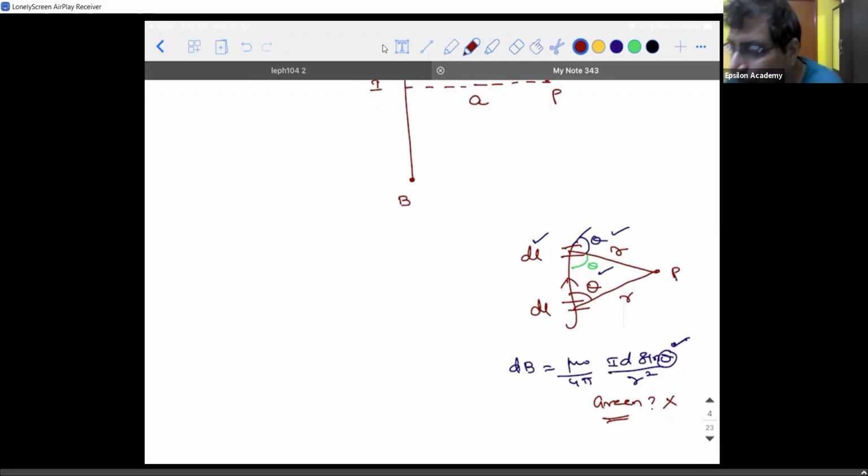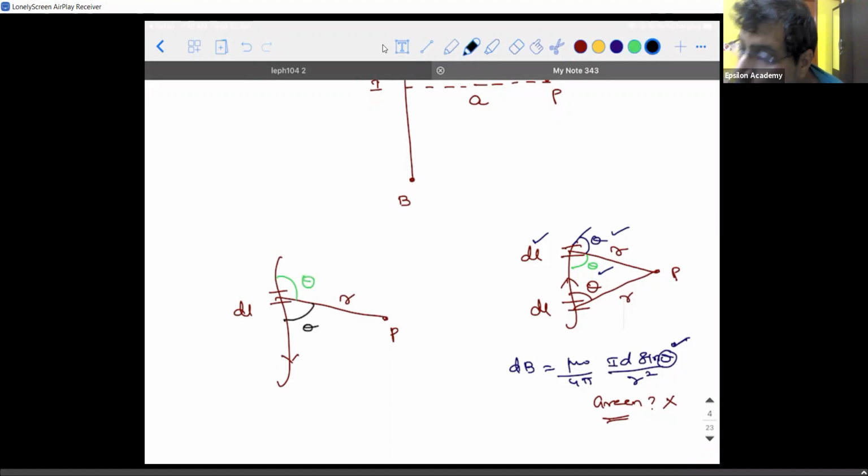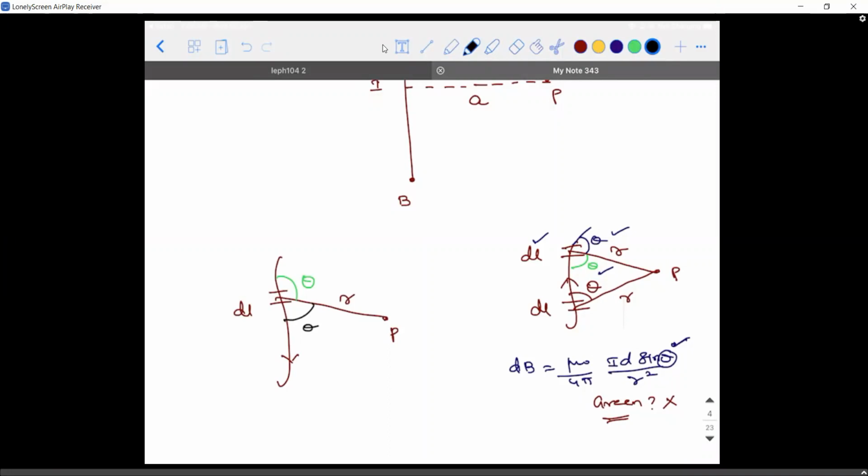Just to clarify the concept, I will give you another scenario. Now tell me which is theta. The green one, sir. The black one, sir.